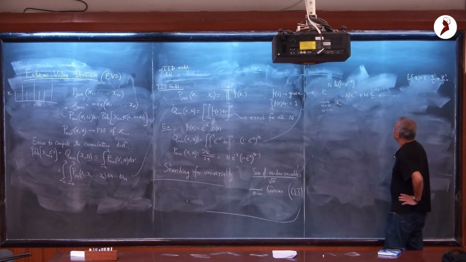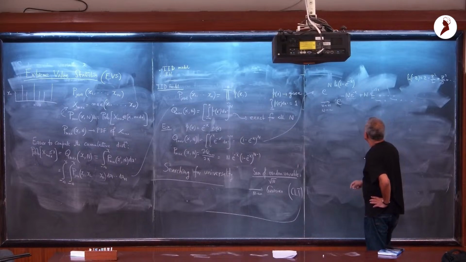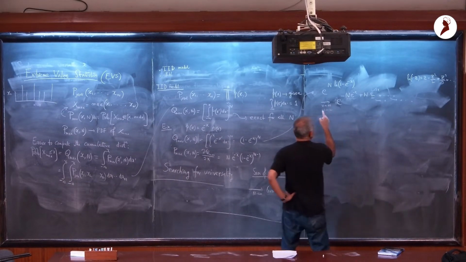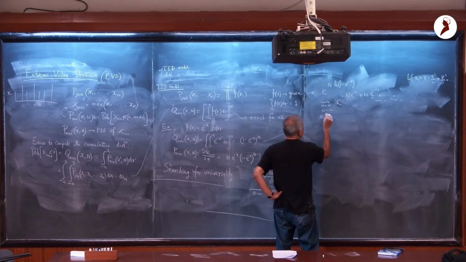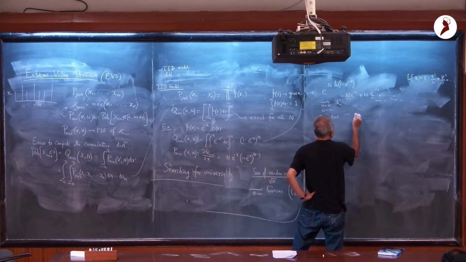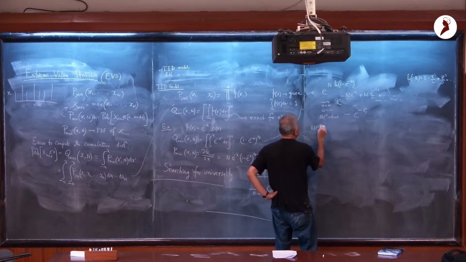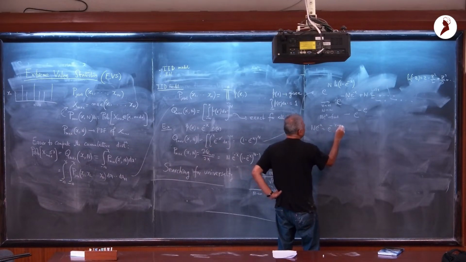Now what it says is that I should take the large n limit and the large x limit, but keeping this combination fixed. If I do that, then all these other terms go to 0. So x goes to infinity, n goes to infinity, keeping n e to the power minus x fixed. Then I can drop all these terms in that limit, and I can write this as e to the power minus e to the power minus x minus log n.